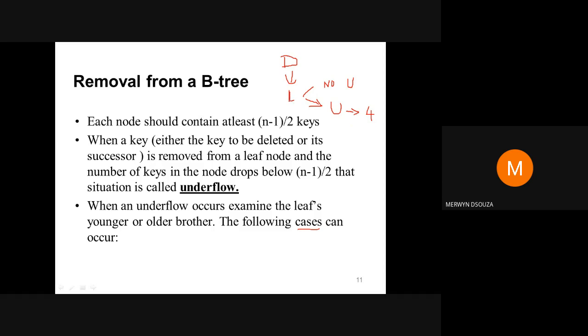When you do deletion, if you are deleting from a non-leaf node, then we find the predecessor or successor of the key we are deleting, and we promote that predecessor or successor in the position of the deleted key.